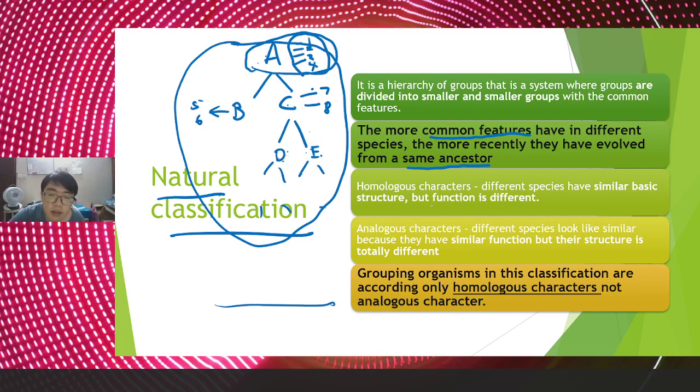And then for the character, there are two different types of character. Because feature is character, right? The first is homologous character. Homologous character means that different species have similar basic structure, but the function is totally different. Like if you see the Oxford textbook, the example of the structure of the wing of birds and the leg of a horse.